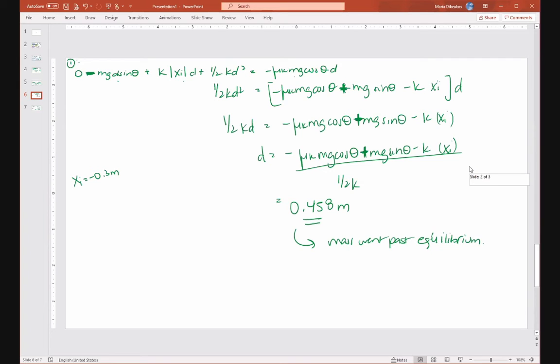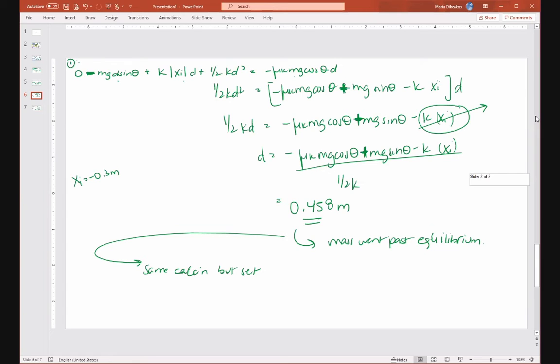So now you have to do the same calculation, but this time, this term here, you remove it because that term only pops in when it does not go past the equilibrium position.